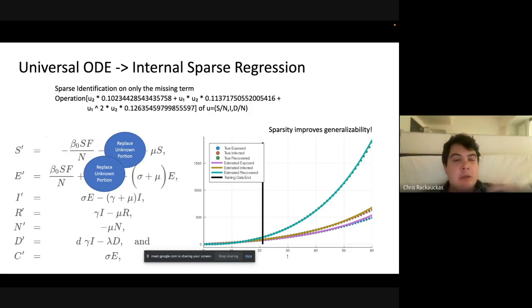What you can interpret from that is, if this portion is supposed to be the exposure term, then this is a prediction that exposure is not a function of the number of individuals who have died of the disease, which makes sense because people who have already died are not the ones spreading the disease. It's the ones who are infected.